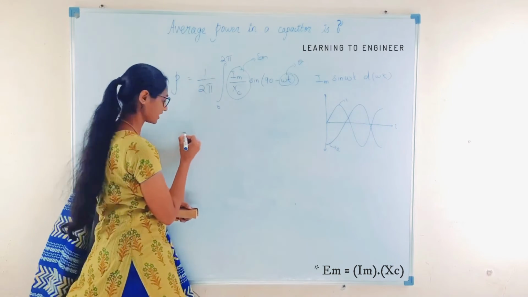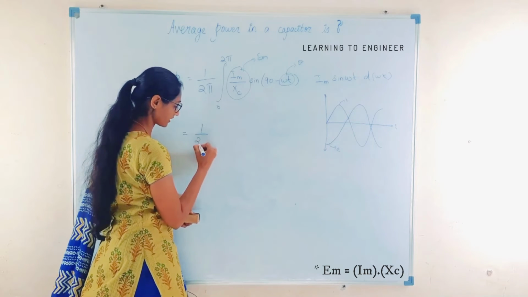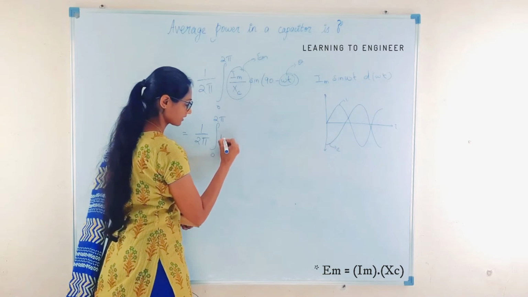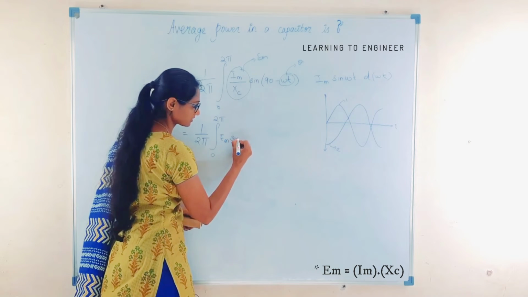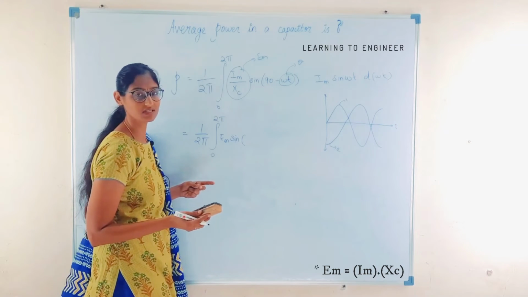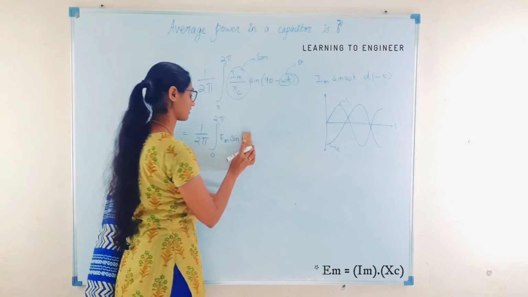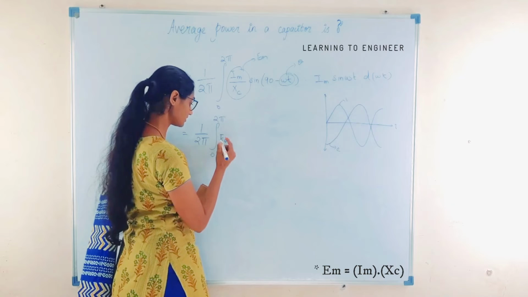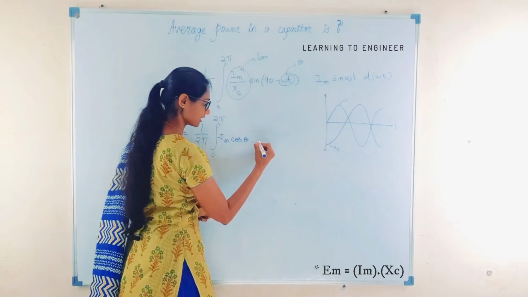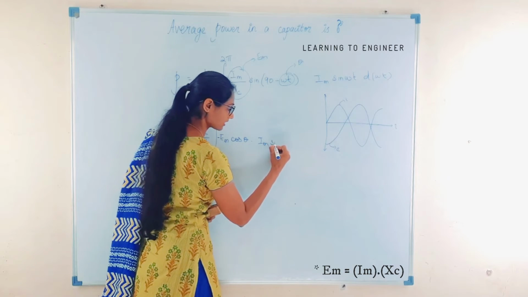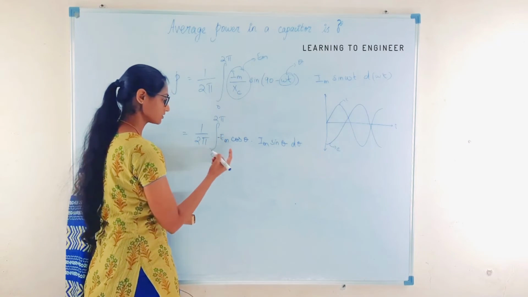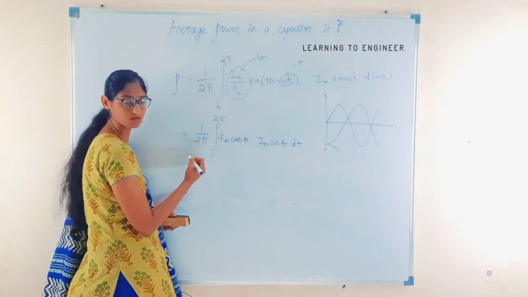Okay, so what is the average power? It is 1 divided by 2 pi from the limit 0 to 2 pi Em sin 90 minus omega t. So sin 90 minus theta is cos theta, so this is cos theta into Im sin theta d theta, right? So we will club all the constant terms outside.